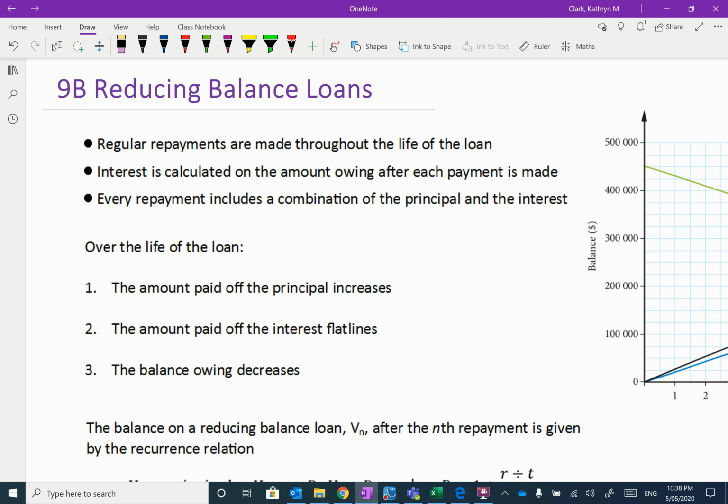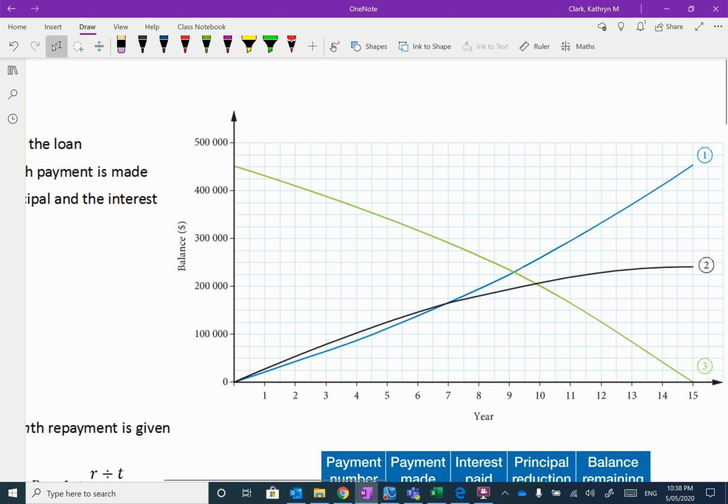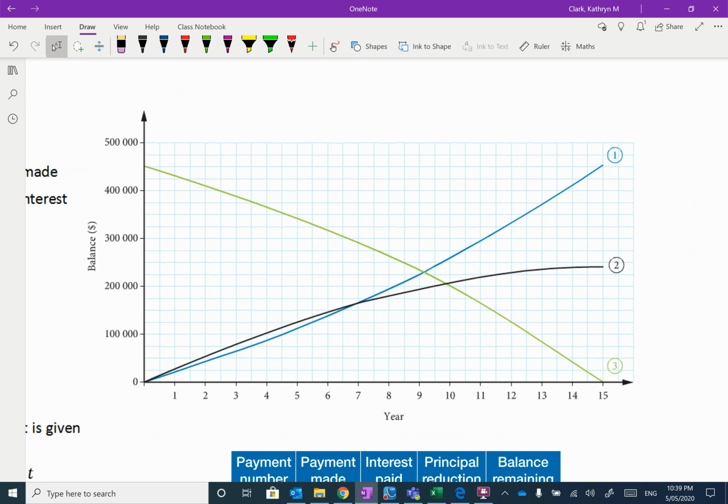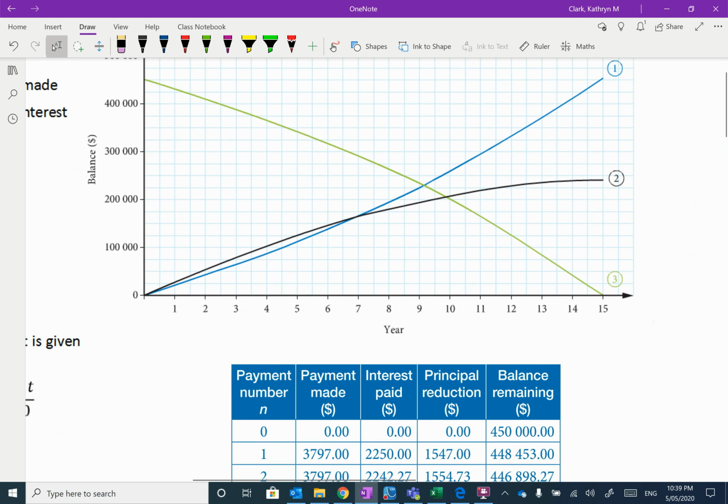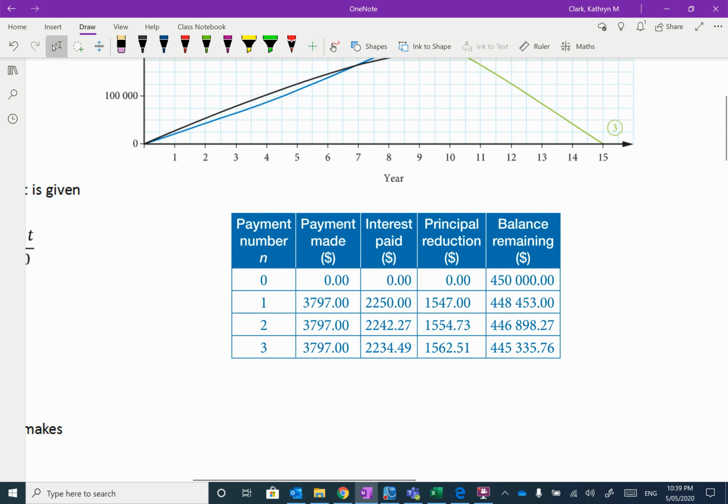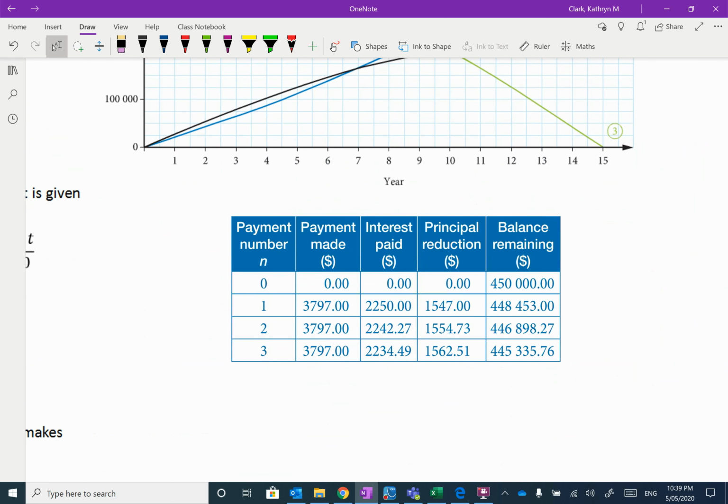So if we have a look over here at this graph, what happens in a reducing balance loan is that you start off with an amount that you borrow, say $450,000. Now you're going to get charged interest at a particular rate, either compounding monthly or quarterly or whatever. If it's compounding monthly, then you're going to get charged interest every month on that original amount.